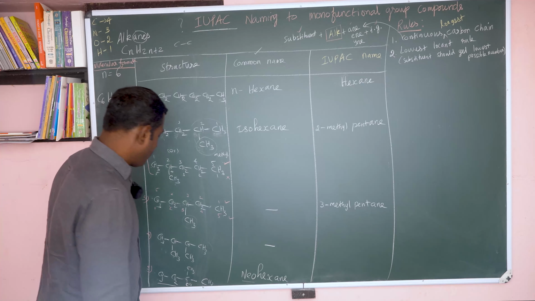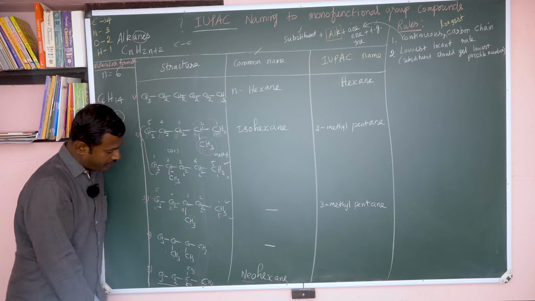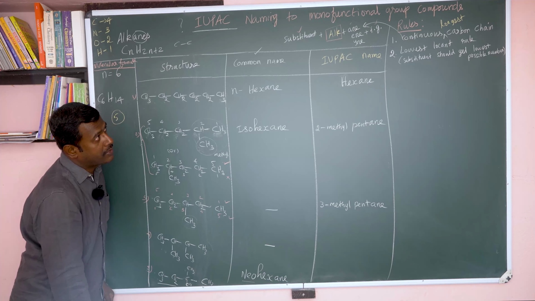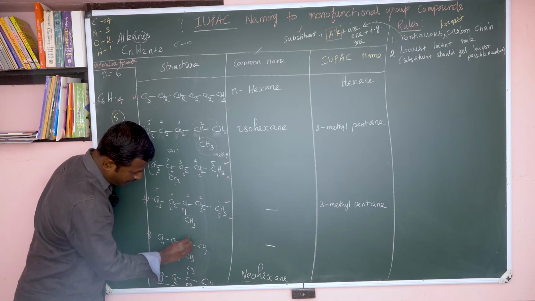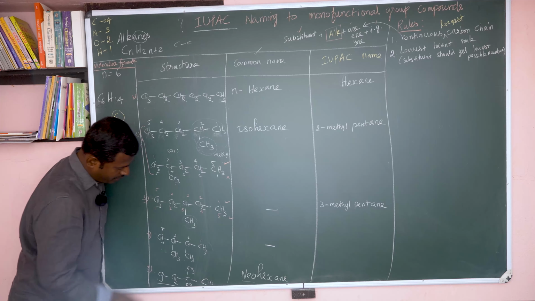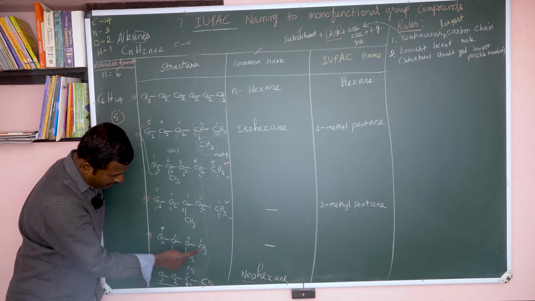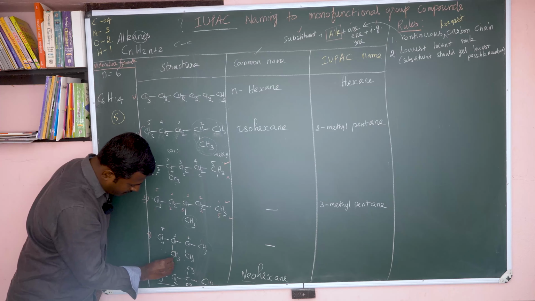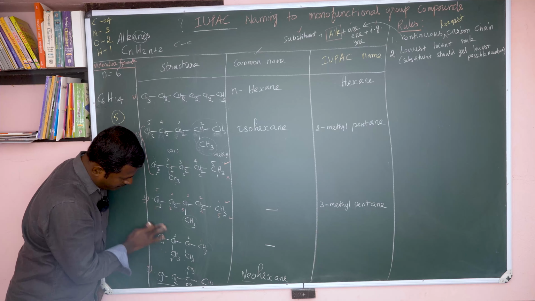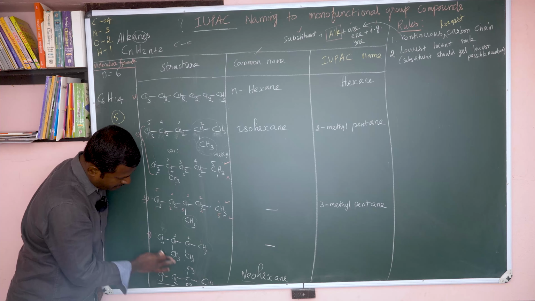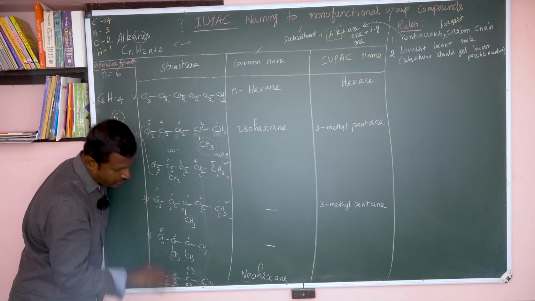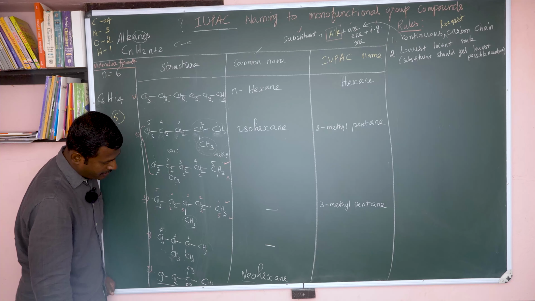What about the fourth compound? For the fourth compound, you have to follow the first rule, the continuous carbon chain. We give numbers 1, 2, 3, 4. This should be the continuous carbon chain. If you give 4 here, that is also the same number of carbons in the chain.